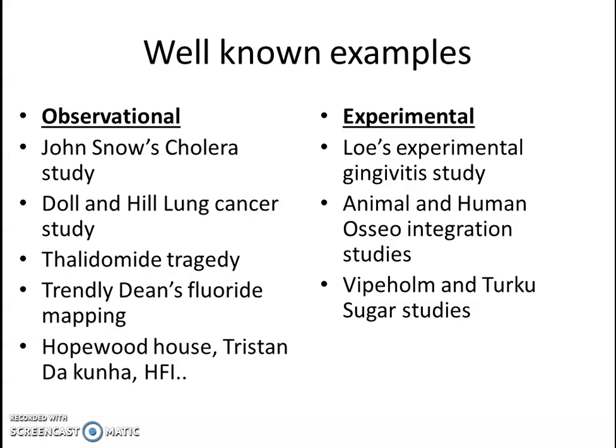So you can pause the video. These are some of the well-known examples for observational and experimental research. If you may think so, you can just do a little more search, trying to find out about each of these studies and try to understand for yourself what they are. And a little more about them we will explore in our lectures.